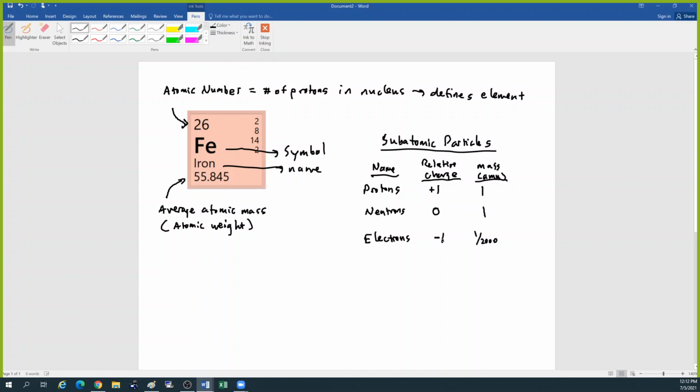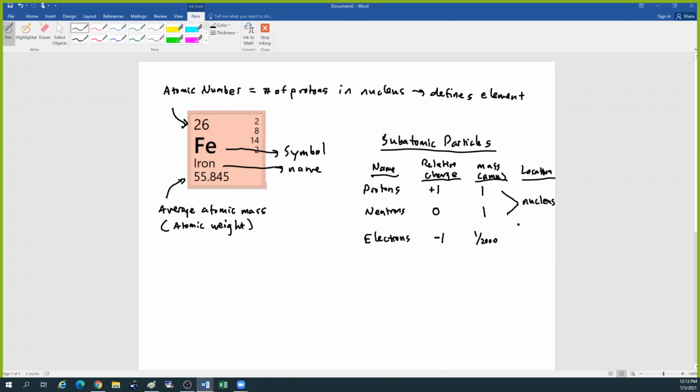So notice this important difference. Even though the electron has the same value of charge as the proton, although it's the opposite, in terms of its weight, its mass, it's much, much, much smaller. And then where are they in the atom? That's the last piece for now that we have to understand. Protons and neutrons both comprise what's known as the nucleus.